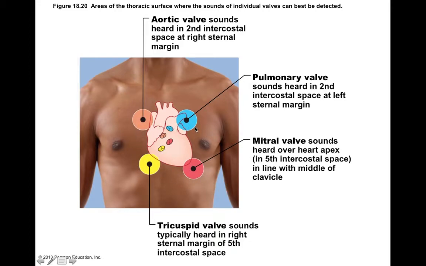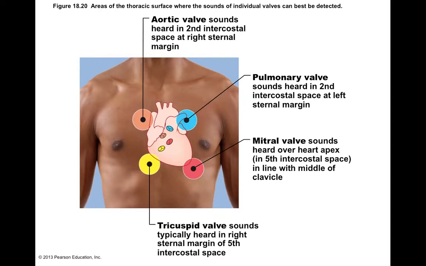And the way this works, you guys, is that the valve is going to sound louder at that point, right? But you're not going to only hear that valve amongst all the heart sounds. You're still going to hear the lub-dub, lub-dub, lub-dub. It's just that when you're in that particular area, that valve is going to sound louder amongst the lub-dub sounds, right? So what was the lub sound, or S1?